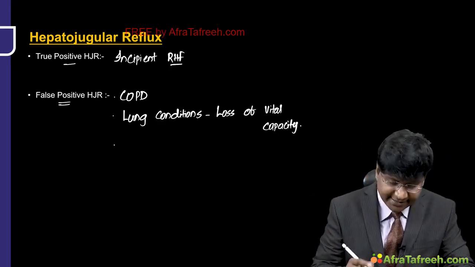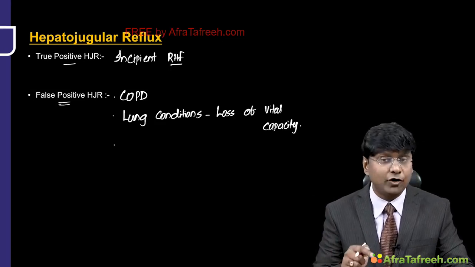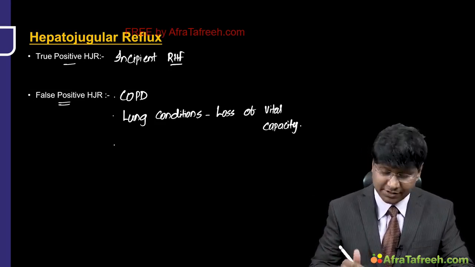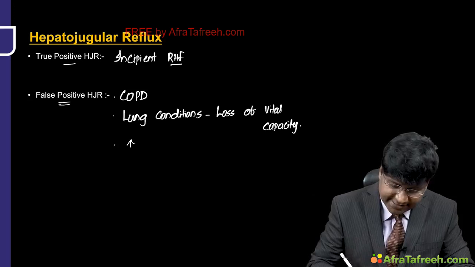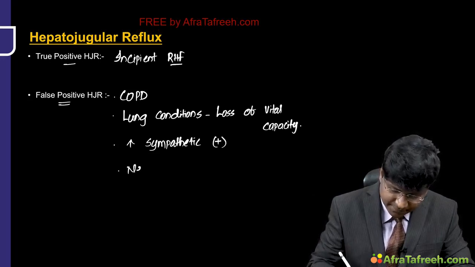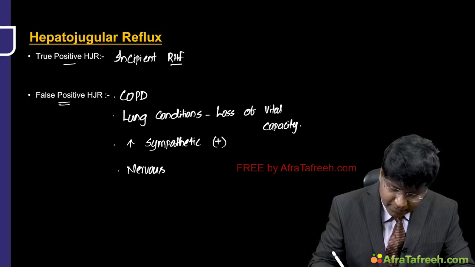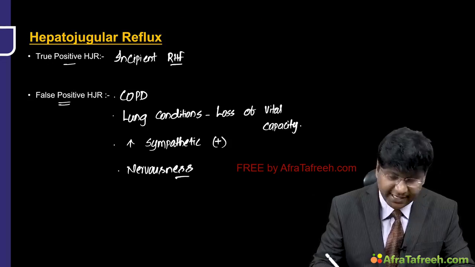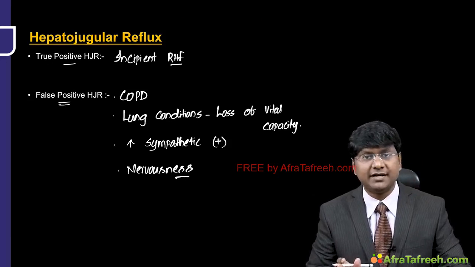And the other conditions where there can be false positive hepatojugular reflex are in individuals with excessive sympathetic stimulation and in conditions like extreme nervousness. So these are the conditions where you will have the false positive hepatojugular reflex.